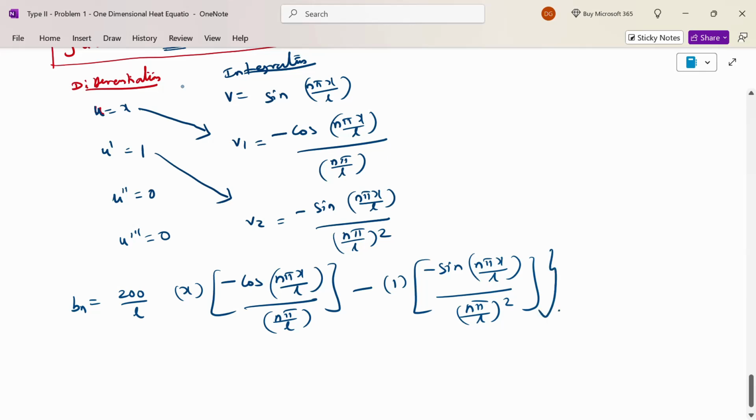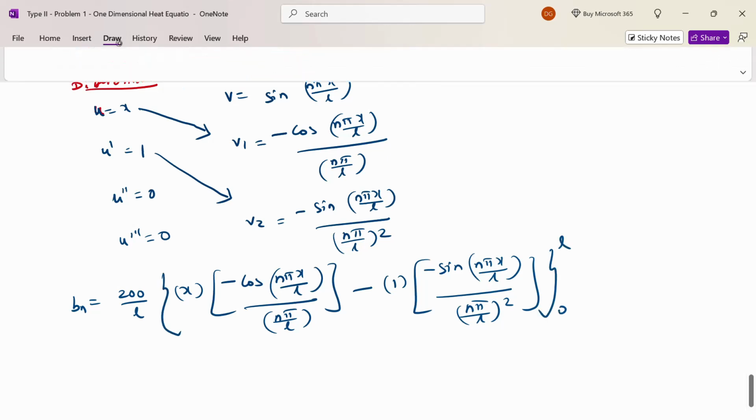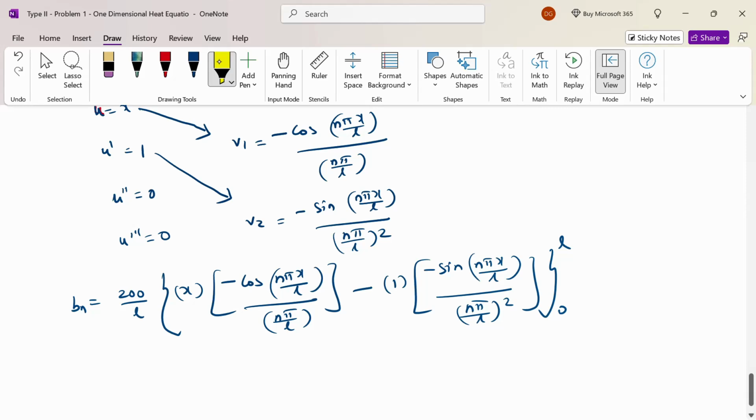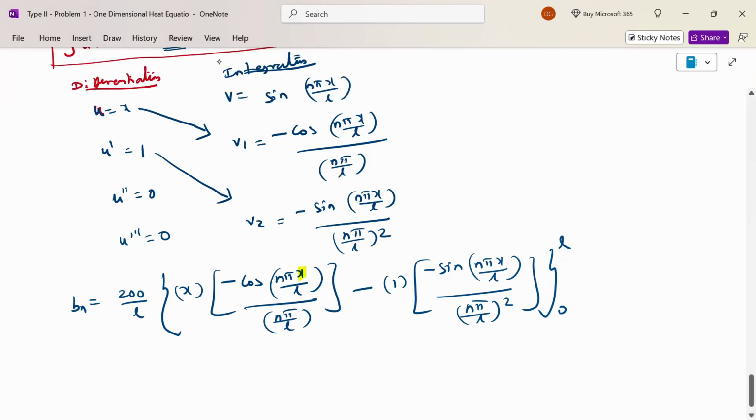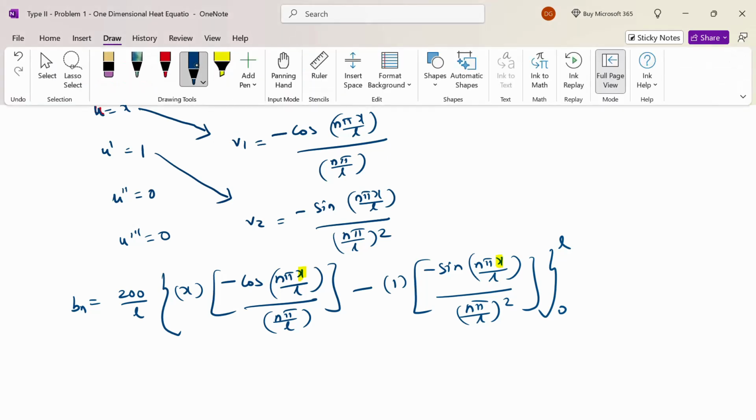Now the limits are 0 to L. We substitute the upper limit and the lower limit in x.